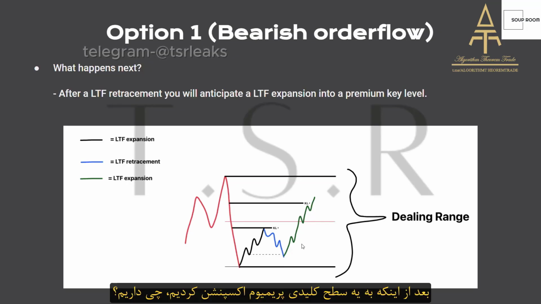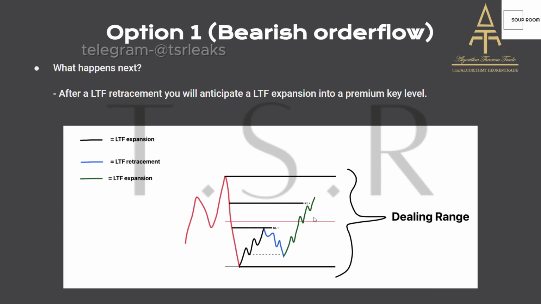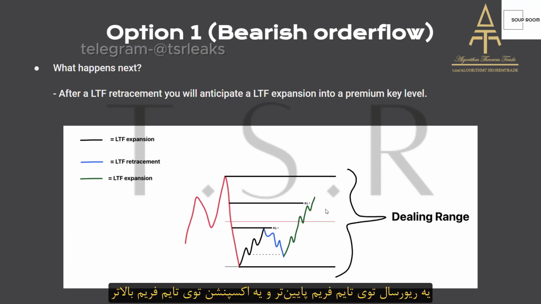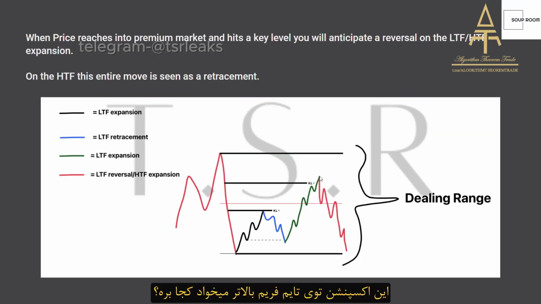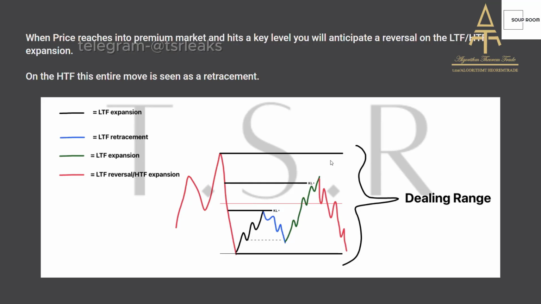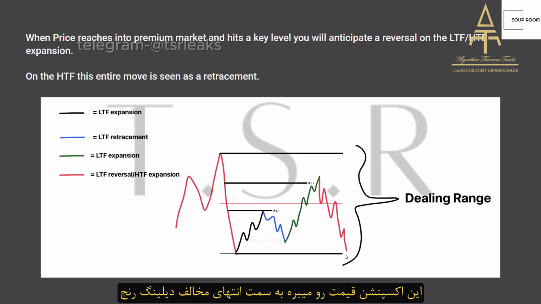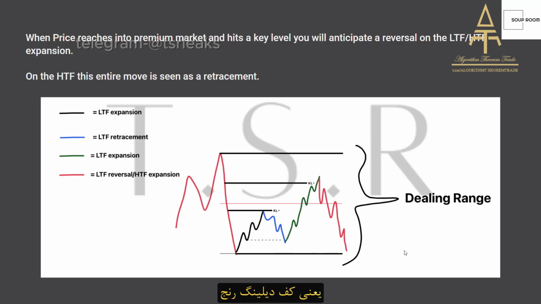After we expand into a premium key level, what will come next? A reversal on the lower time frame and an expansion on the higher time frame. Where is this expansion on the higher time frame going to go? The expansion is going to push prices towards the opposing end of the dealing range low.